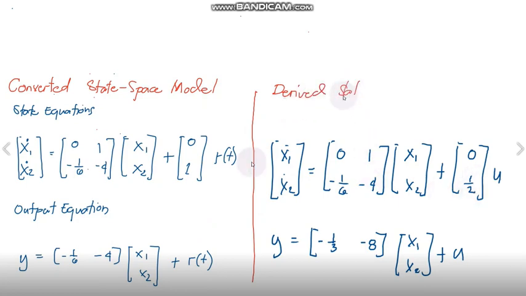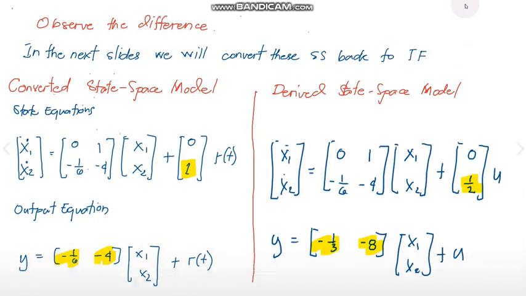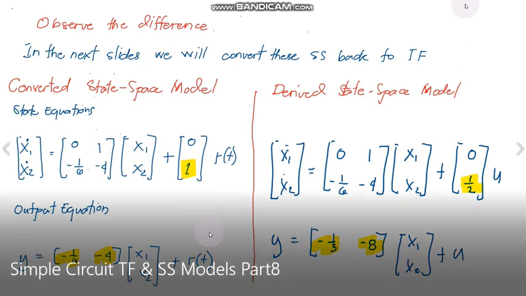So instead of 1 here, we have 1/2, and instead of -1/6 and -4, we have 1/3 and 1/8. So observe the difference. In the next slide, we'll convert the state space back to TF for the two equations.